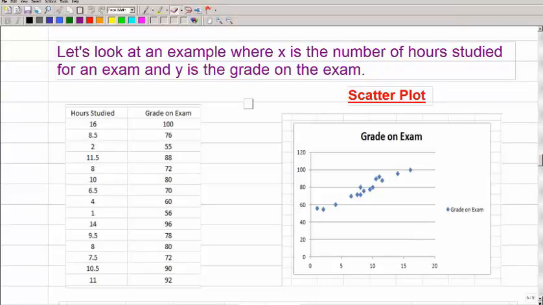Unless your exam is based on that video game, if you're spending a lot of hours in that video game, that would mean you're studying less. So that's an example where you would expect a negative relationship. In other words, as X, the hours played of the video game, goes up, you would expect the grade to go down. Okay, I just wanted to mention that.